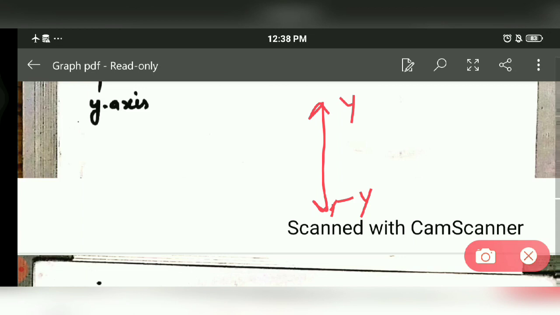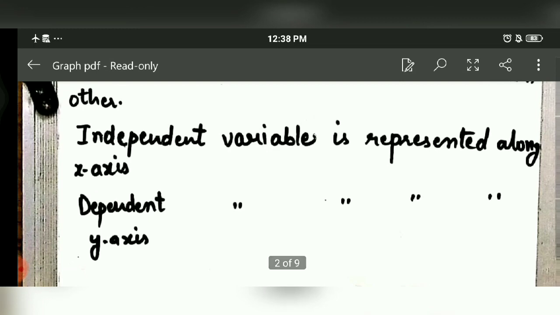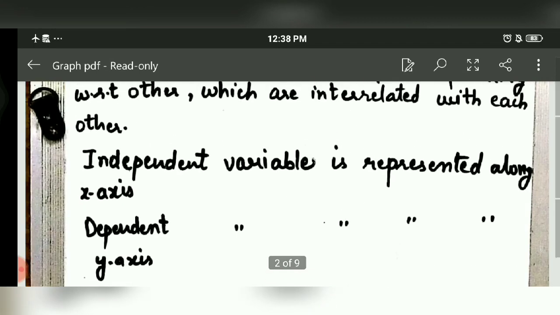This is 90 degree to each other. So here it's not possible, so I'm showing it with some tilt. This is plus z, this is minus z, whatever you want to do, that's fine. So first of all, variable and constant, then I will tell you this thing.